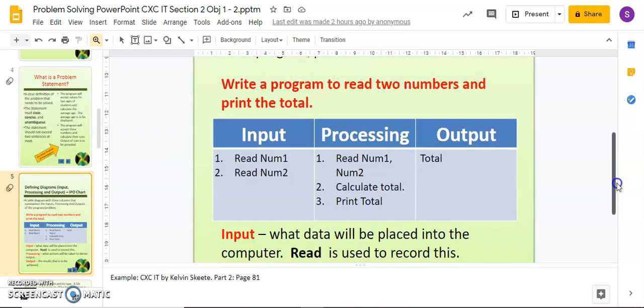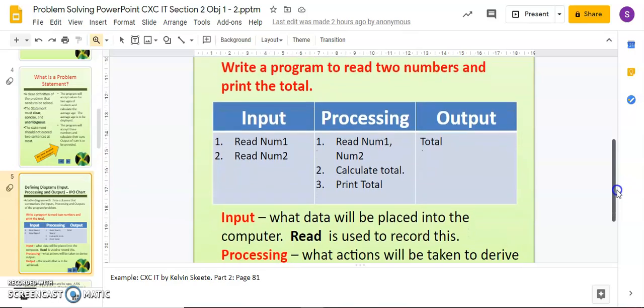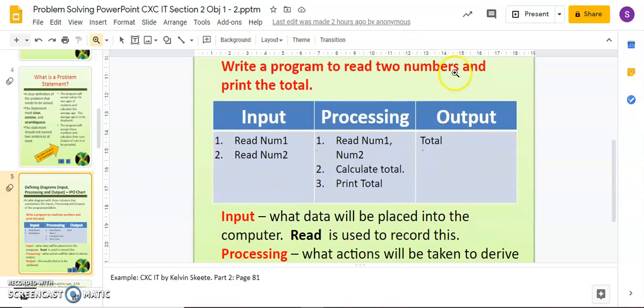Now look at this example. Write a program to read 2 numbers and print the total. Our input would be to read the 2 numbers. So we are going to tell the computer to read, or accept, or input the 2 numbers. We will say read num1, and num1 is short for number 1. Then read num2.